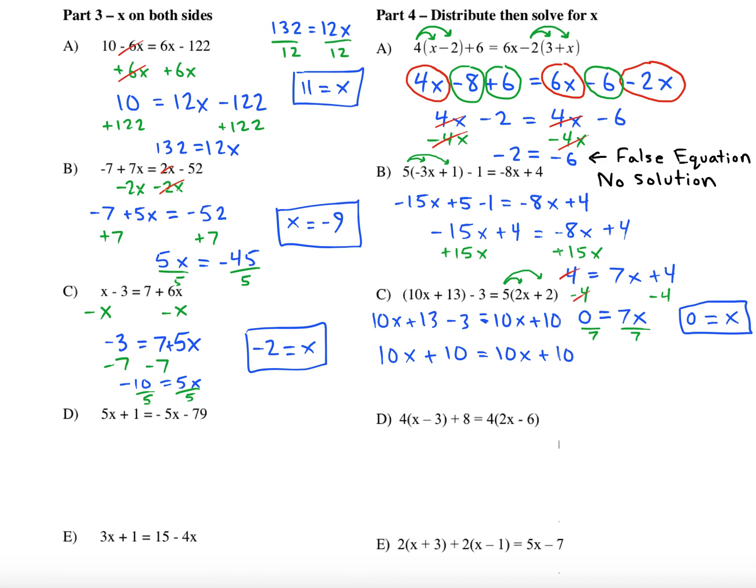Interesting. So in this problem, we notice that the left side is identical to the right side. That's a special case too, called an identity. And let's just try to solve it if we can.